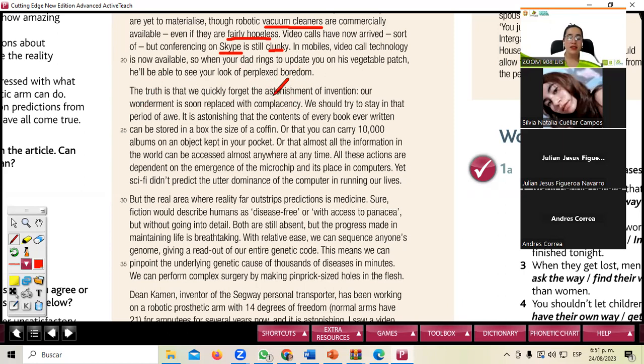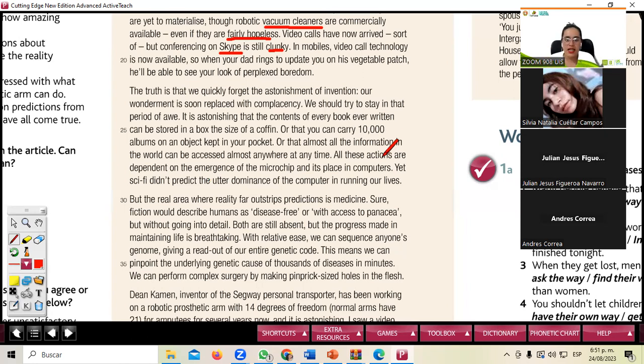Okay, let's see if we have questions about vocabulary. This one has a lot of new words like astonishment, wonderment, complacency, awe. Well, coffin, we already saw. Okay, no more. Utter dominance of the computer in running our lives.